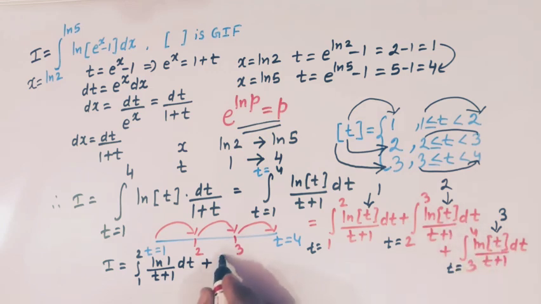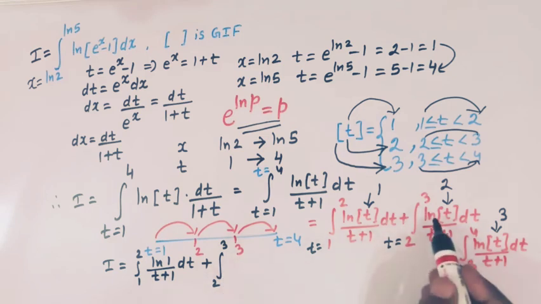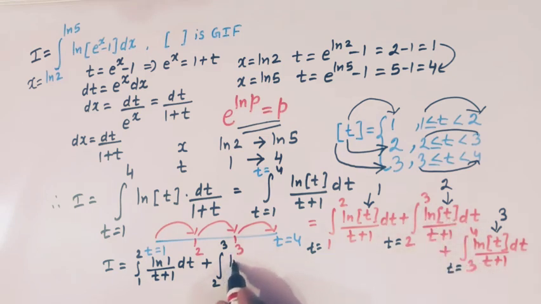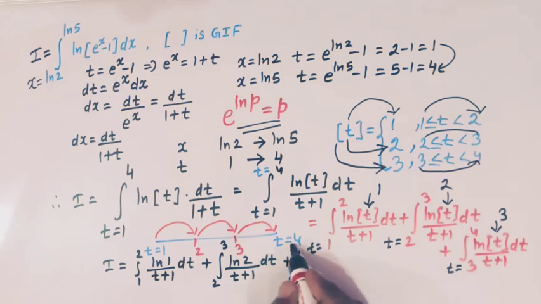So similarly, from 2 to 3, log of 2 divided by t plus 1 dt, and here we have the integral from 3 to 4 of log of 3 divided by t plus 1 dt, right?